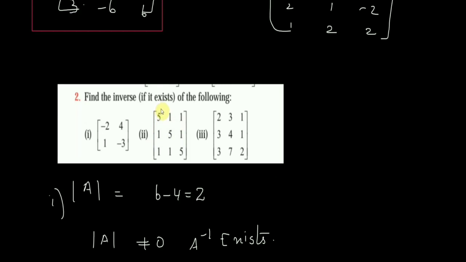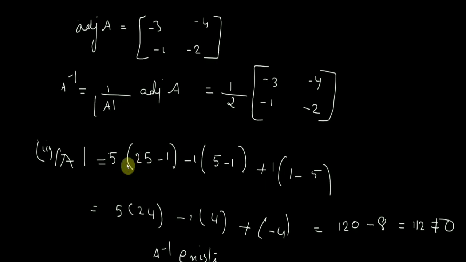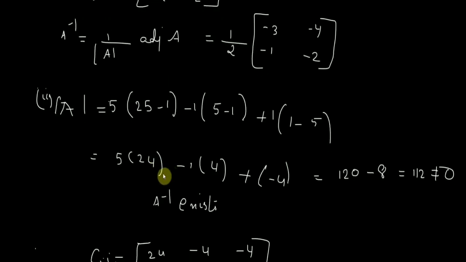How do you find the determinant? 5 into, cut this row, cut this column, 25 minus 1, 24, minus 1 into, because of the cofactor signs, here is a minus sign at the odd place, so minus 1 into 5 minus 1, plus 1 into 1 minus 5. You learned how to find the determinant in class 11 itself, so you all know this. We get the determinant as 112, that is not equal to 0.